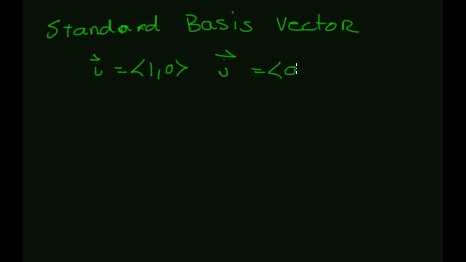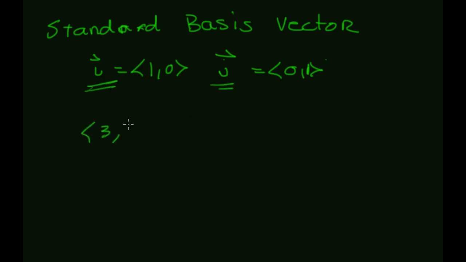The j vector is just 0, 1. So note, they're perpendicular to each other. They both have a magnitude of 1. They form kind of like the beginning of the coordinate plane. Note, any vector can be written as a linear combination of these two vectors.